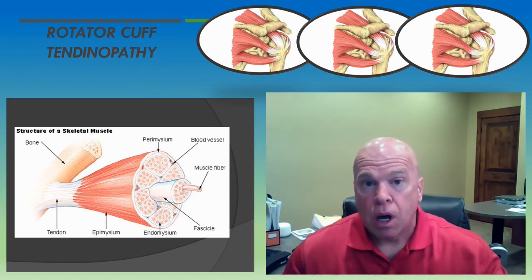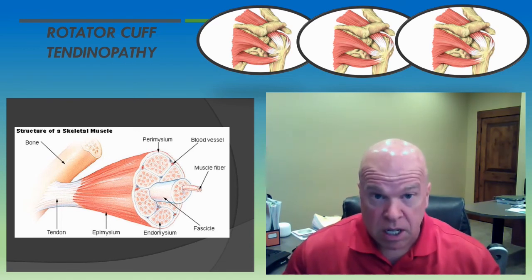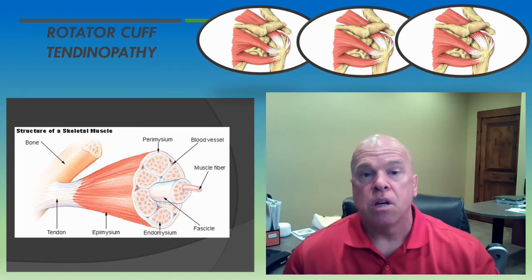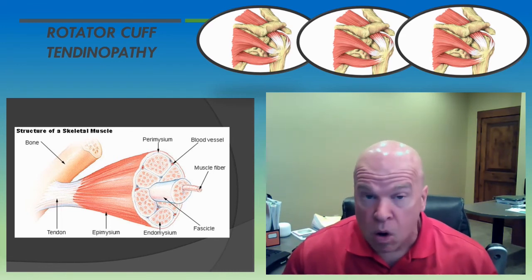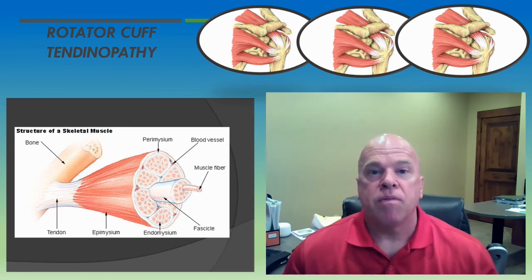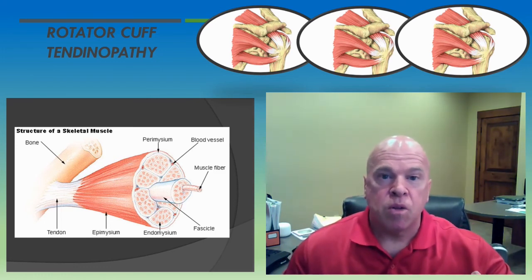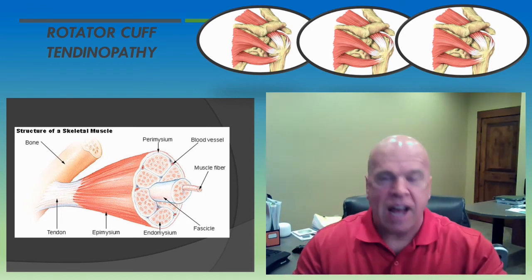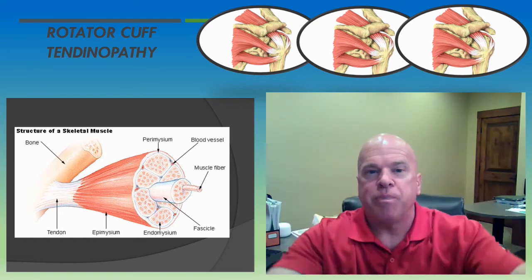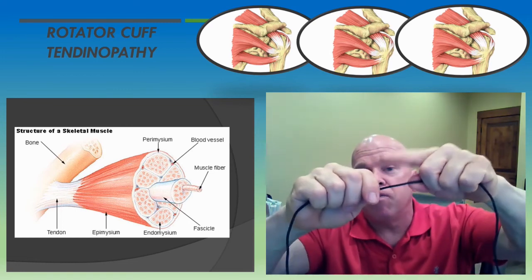So loading the rotator cuff tendon below 60 degrees is less of a risk because it involves tensile loading only in the absence of compression loading. It's as the arm comes up to 60 degrees and up to 120 degrees, in addition to the tensile loading, we also get compressive loading of the tendon on the undersurface of the acromion.